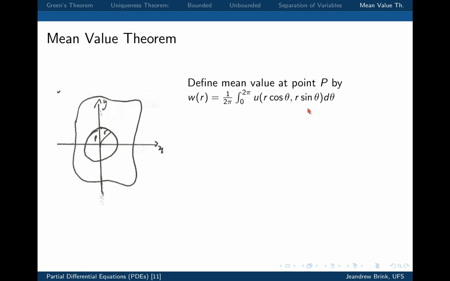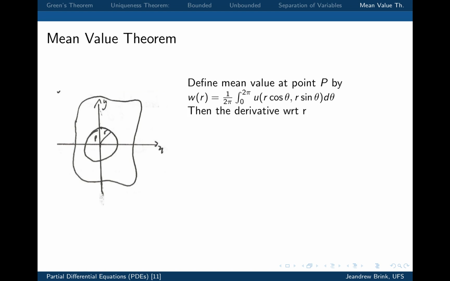Okay, so suppose I have a surface like that, I'm going to pick a point P, put a circle around it, and then integrate around this circle. I'm going to say that is the mean value around point P for that radius. Okay, so that's exactly what I've defined now.